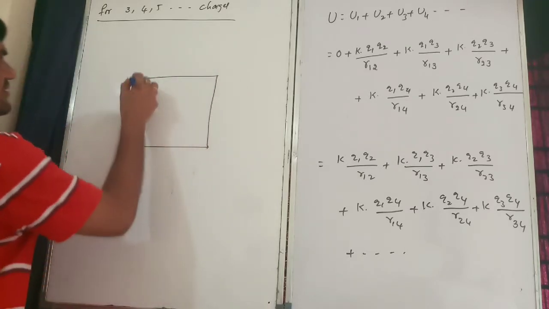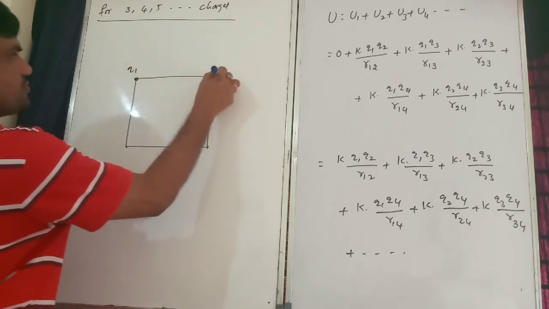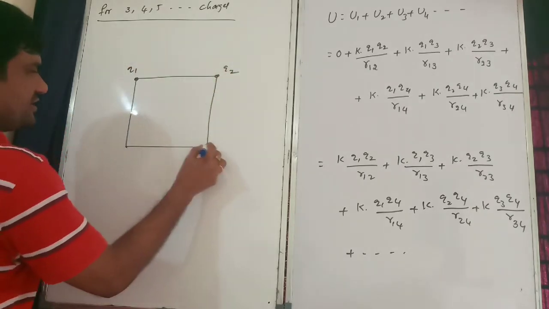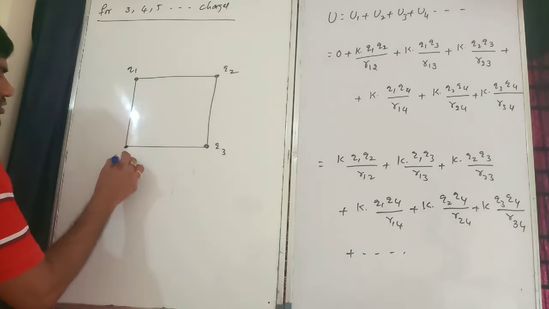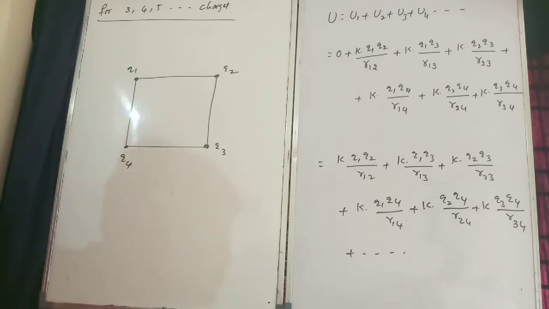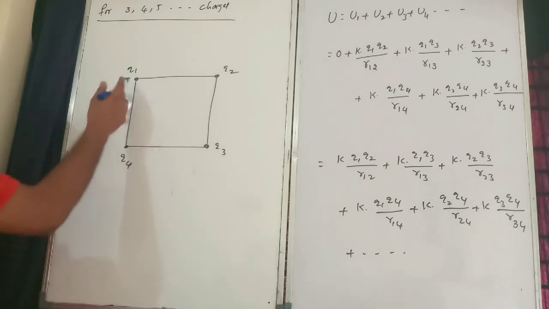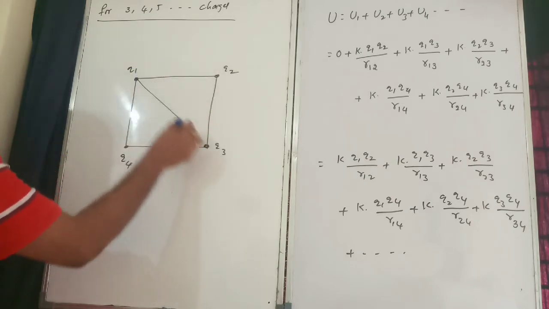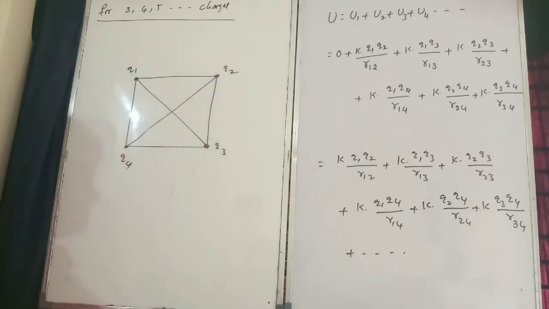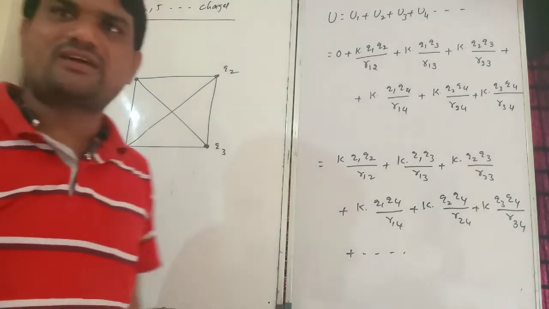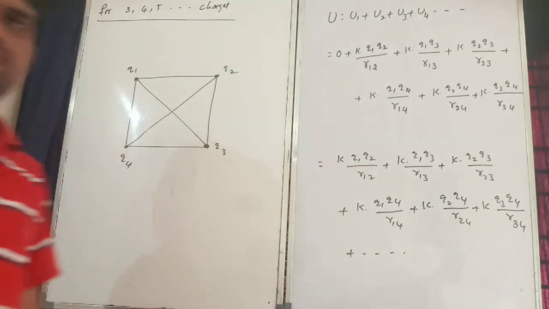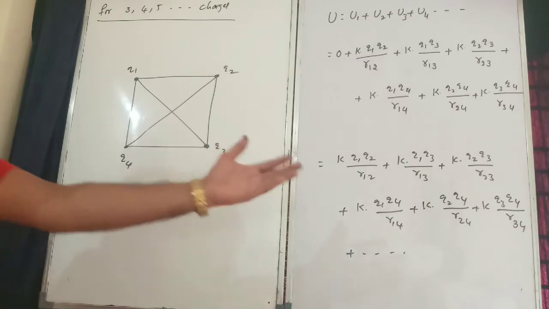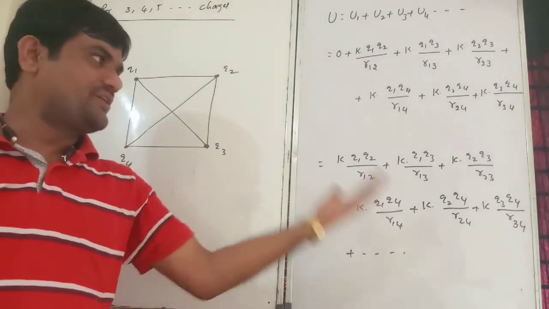At this point Q1, at this point Q2, at this point Q3, at this point Q4. Okay, total potential is equal to how much? So from here to here, from here to here, from here to here. Correct or not? Same only. Can we take K common? Yes, K you can take common.